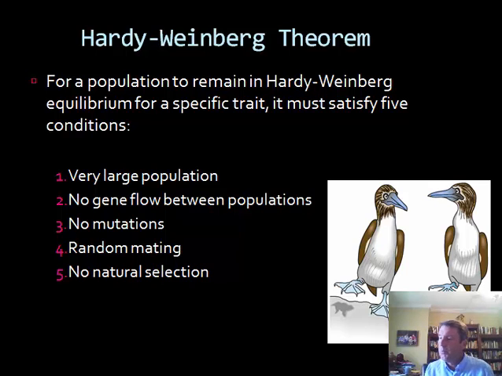Gene flow is migration of alleles in or out due to breeding, an individual coming in, breeding, and bringing their genes. No mutations, so we have to have no mutations in the genetic makeup, and we have to have random mating occurring, and then no natural selection. This is a big one. There are different forms of natural selection we'll look at that can happen to the population, but basically we can state that this never happens. There are always things occurring, natural selection being one, that will cause the allelic frequency to change.